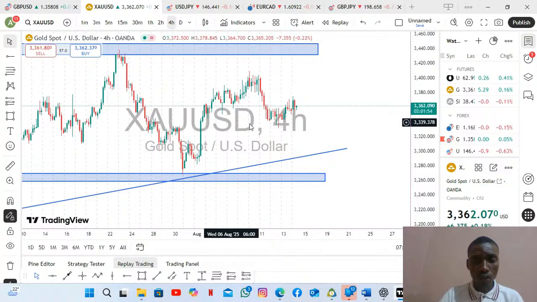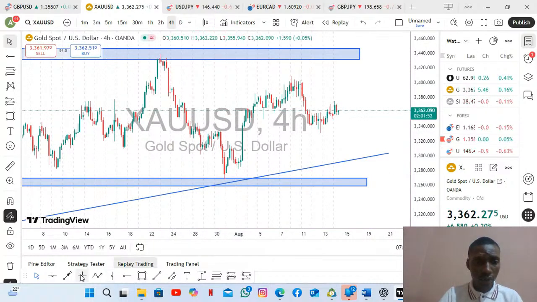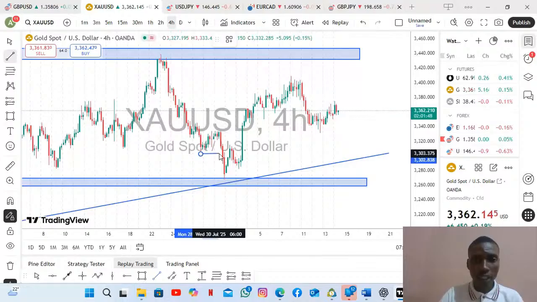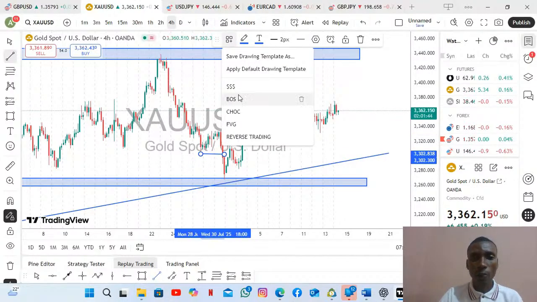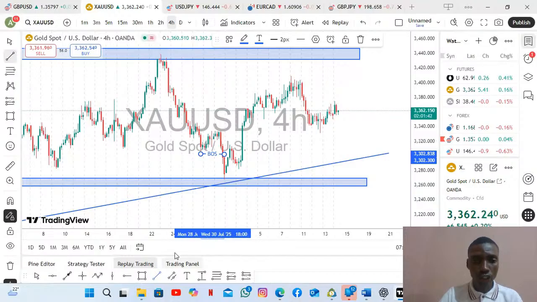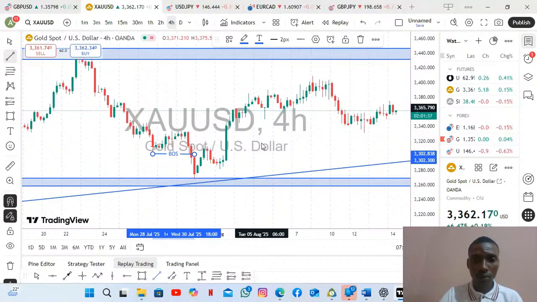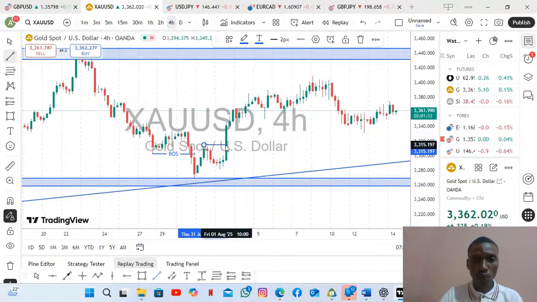Let's read the market structure quickly. After this last break of structure to the downside, we see that there was a change of character here. We can notice the change of character here to the upside.